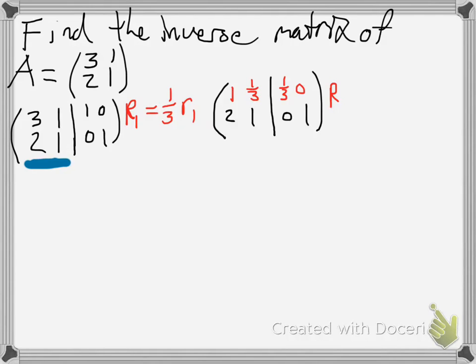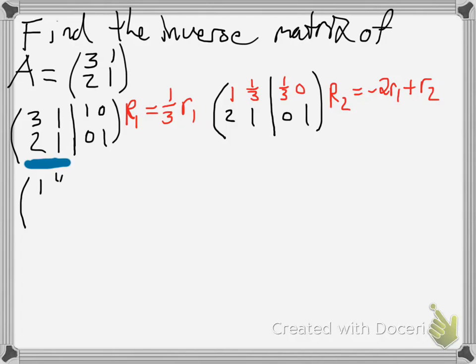Now what we would like to do is, you see that 2 in row 2, column 1, we want to change that into a 0. So what I'm going to do is multiply row 1 by negative 2, and then add that to row 2 to eliminate that 2 there. So row 2 is equal to negative 2 row 1 plus row 2.